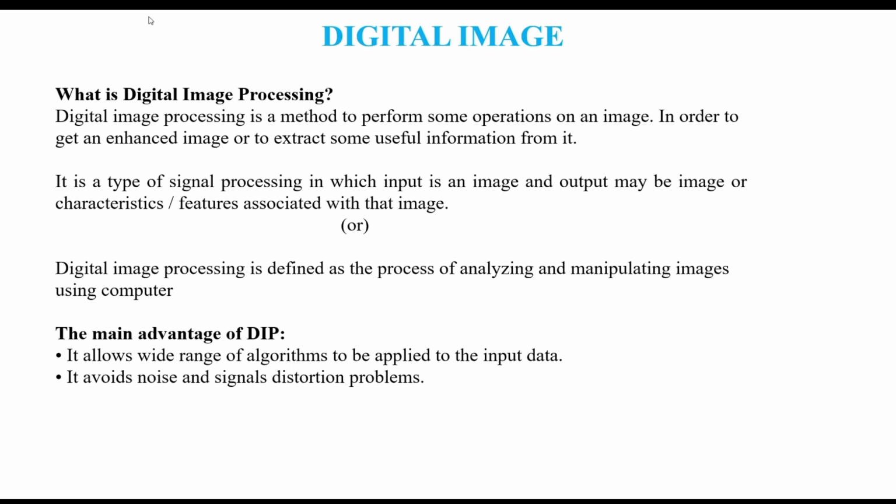The main advantages of DIP, that is digital image processing, are that it allows a wide range of algorithms to be applied to the input data and it avoids noise and signal distortion problems. That means we avoid those problems and produce a clean and neat picture where there is no noise. Okay, this is called digital image processing.